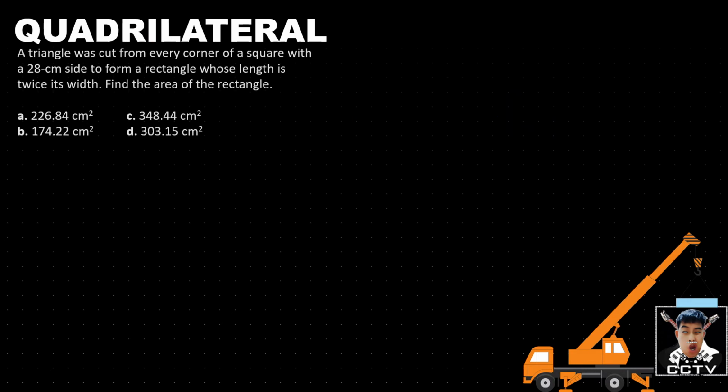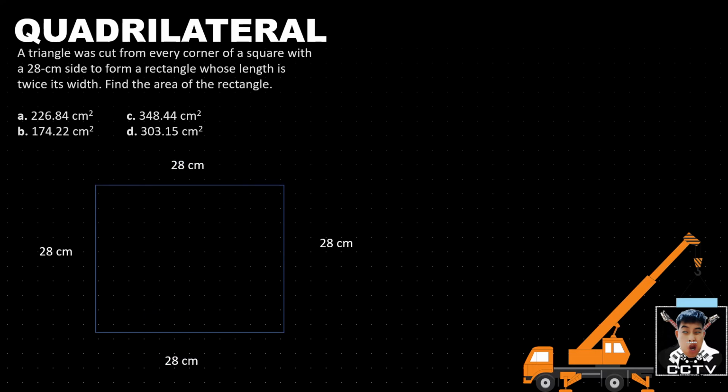Another example ulit tayo. A triangle was cut from every corner of a square with a 28 cm side to form a rectangle whose length is twice its width. Find the area of the rectangle. Ito, a triangle daw was cut from every corner of a square. 28 cm side to form a rectangle.